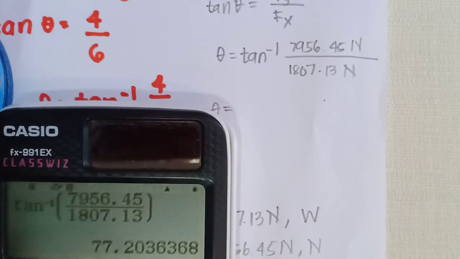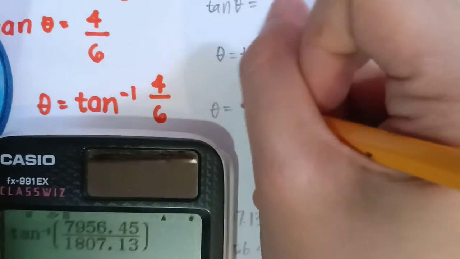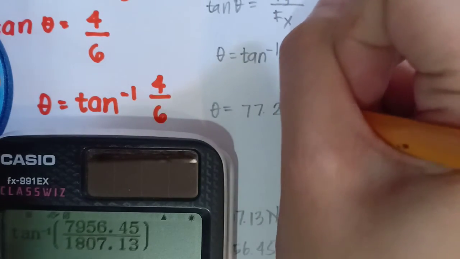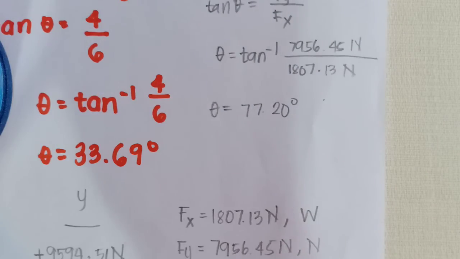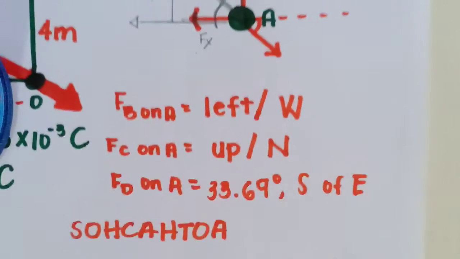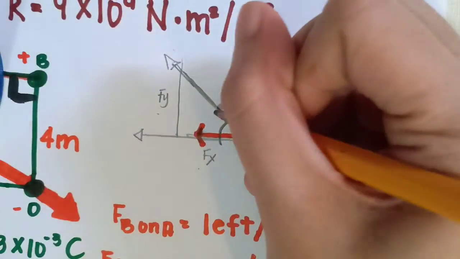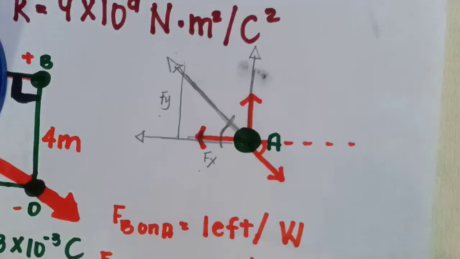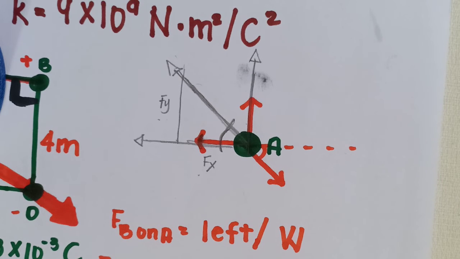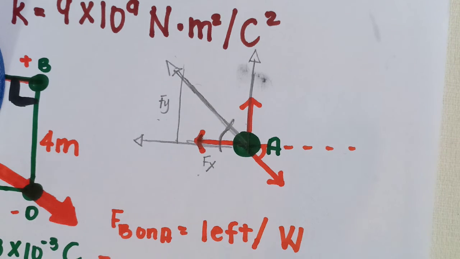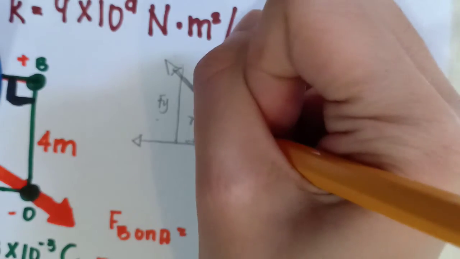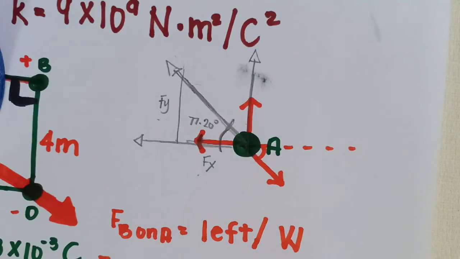Our angle is 77.20 degrees. So then the angle of FR, which has a value that we did not yet solve, is 77.20 degrees.